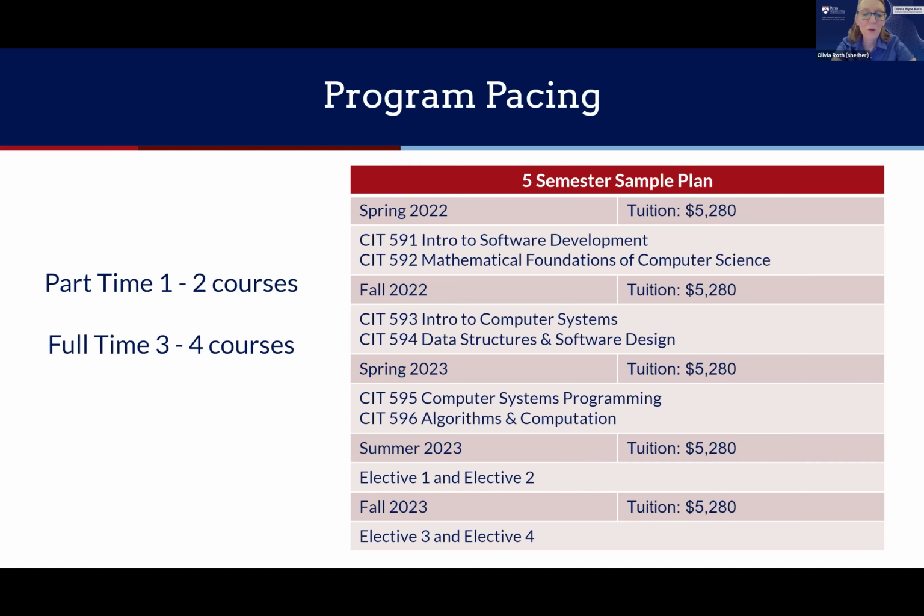Then in the fall, you want to go back to 1 or 2 or 3 courses. All of that is fine. You can see the status is there. Part-time is considered 1 to 2. Full-time is considered 3 to 4, but you never have to notify us about your status. It's just a matter of signing up for the courses that work for you in that semester, being mindful of the prerequisites.